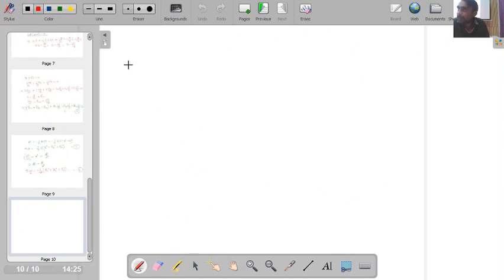D rho is nothing but a total derivative. So this d rho I can write as del rho by del x into dx plus del rho by del y into dy plus del rho by del z into dz.